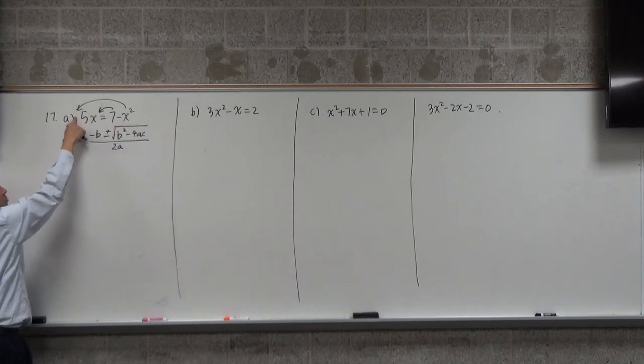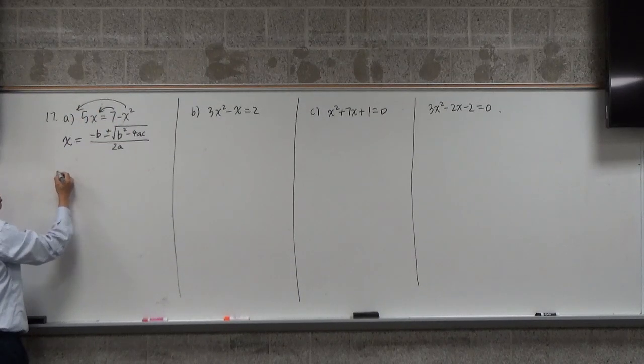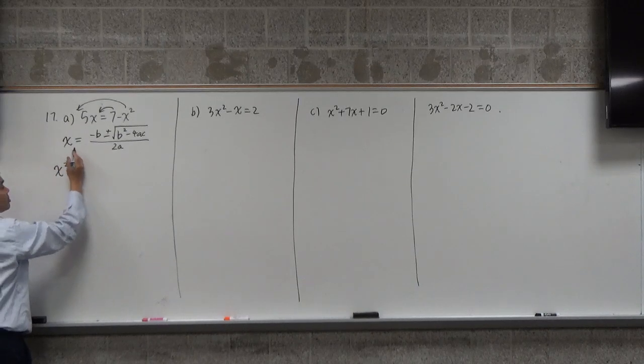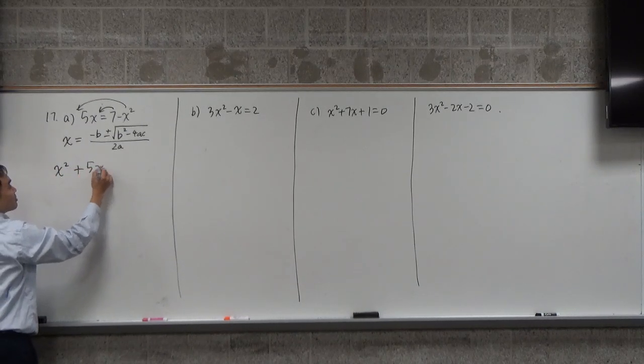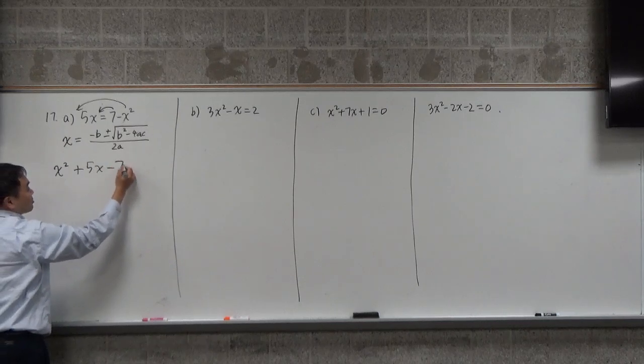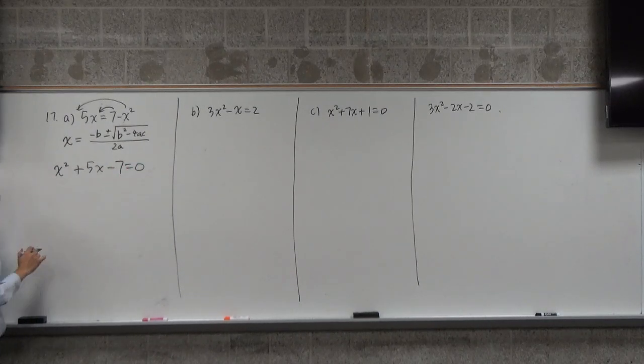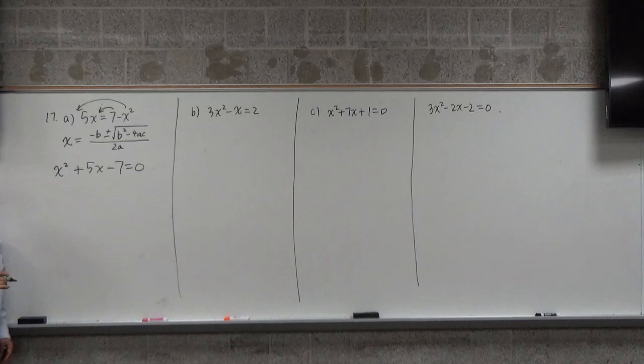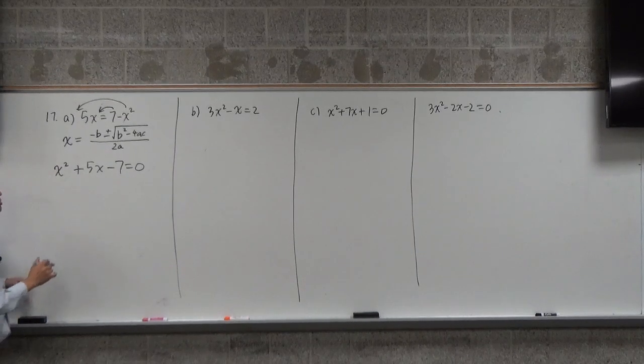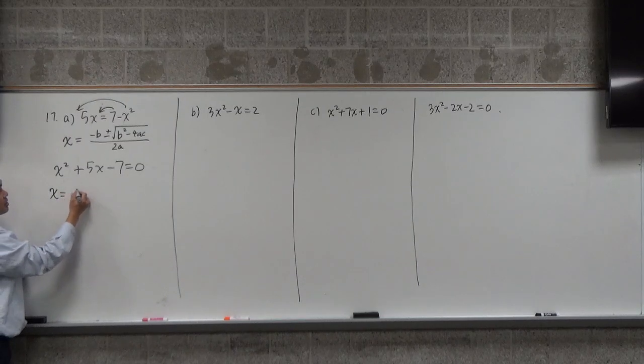So negative x squared, if you move it to the other side, becomes positive x squared plus 5x, and you subtract 7 from both sides, you get this. So that means a is 1, b is 5, c is negative 7. Now let's plug everything in.